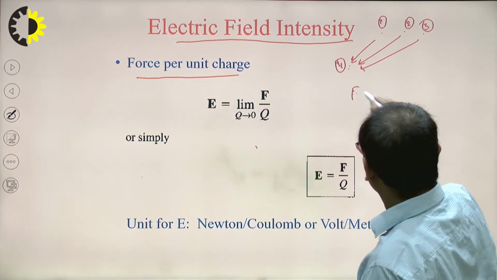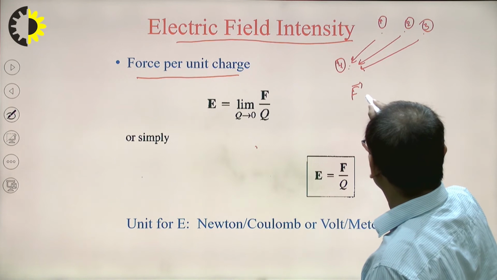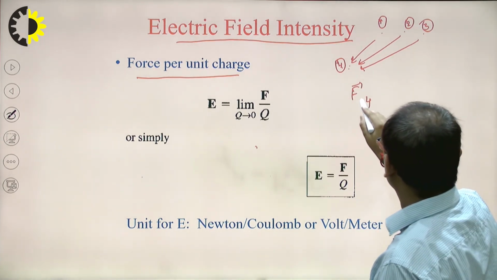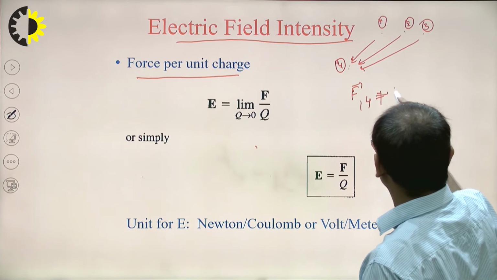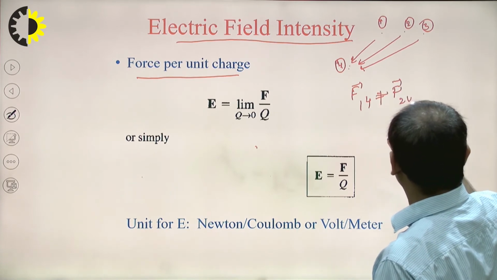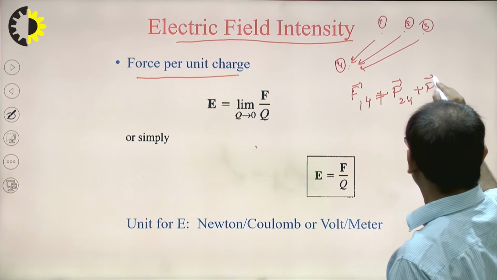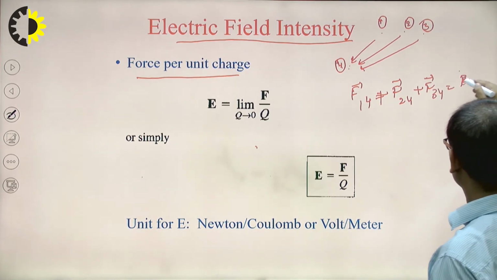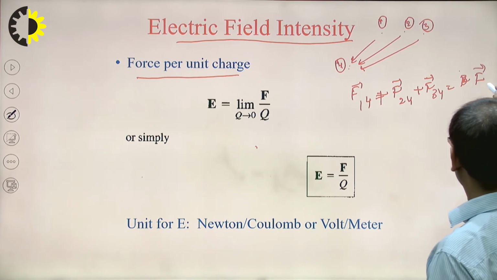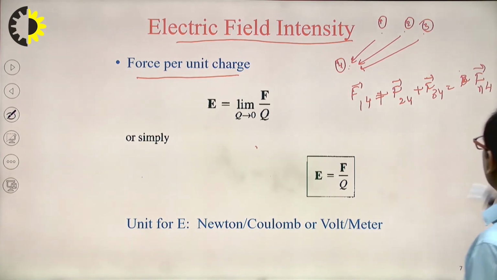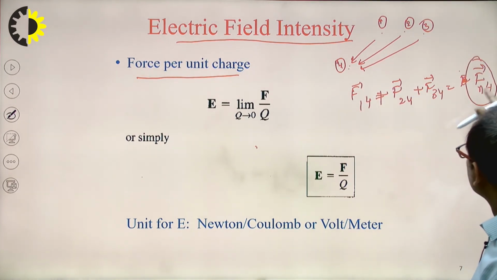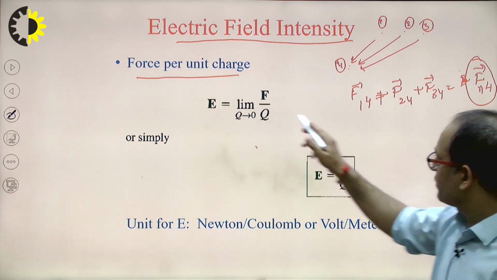So F vector on charge 4 will be what? Plus F2 4, F3 4 will be equal to what? Let's say this one is F4 N. Clear?